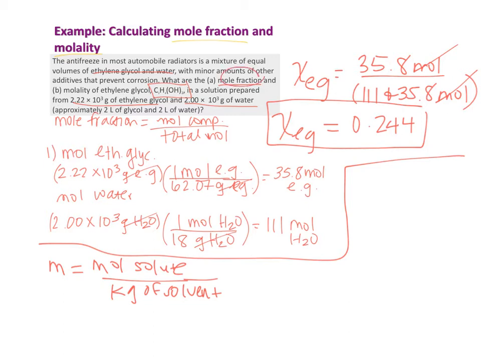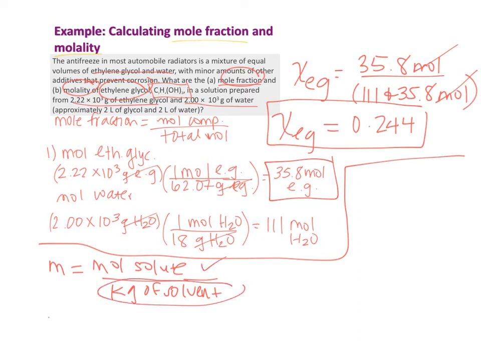So they're asking about mole fraction and molality of ethylene glycol. So that's why we are considering ethylene glycol as a solute. So we are going to take the same mole that we calculated for ethylene glycol up there when we were searching for the mole fraction, and we're going to use that. So you don't need to calculate that again. So we have this. What we need is the kilograms of solvent.